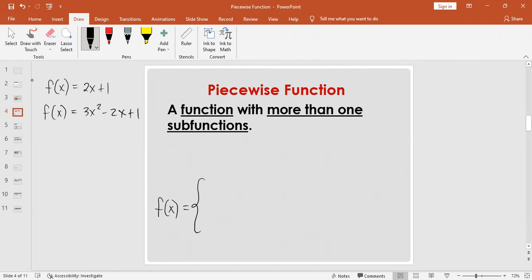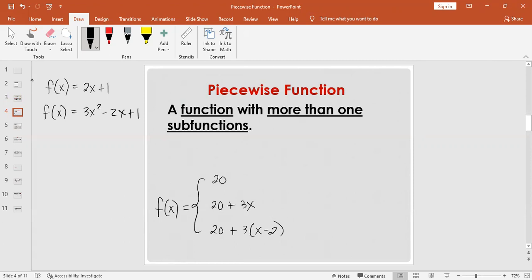For example, f of x is equal to 20. That's our first subfunction. Second subfunction is f of x is equal to 20 plus 3x. And our last subfunction is, say for example, 20 plus 3 times x minus 2. In this example, there are 3 subfunctions, so we consider this example as a piecewise function.